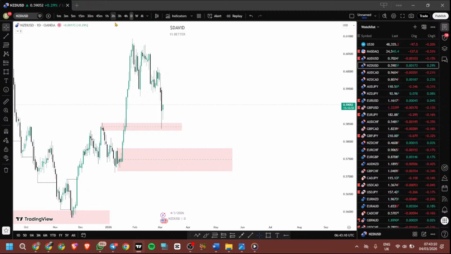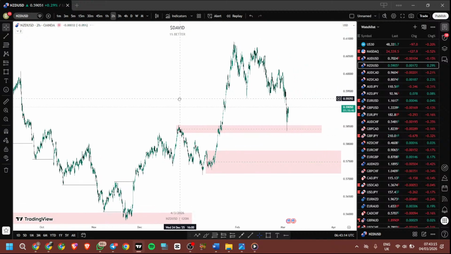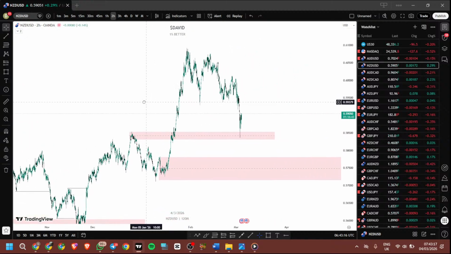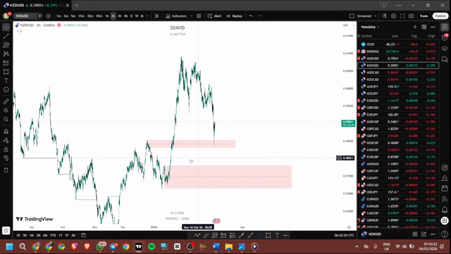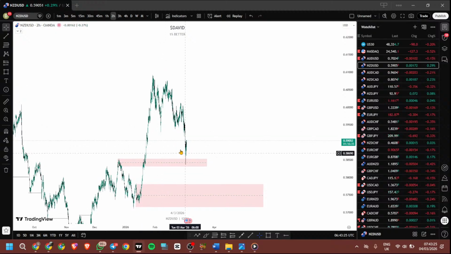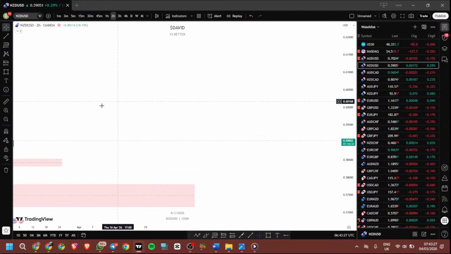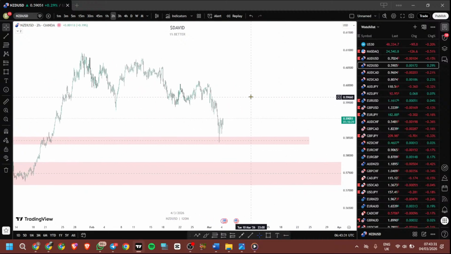So if we go lower to 2 hour time frame, you could see price coming into that zone. So here we have two POI, but market is using the first one, right? Market is using the first one.